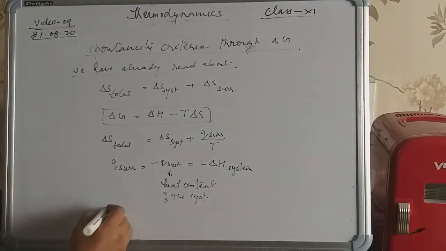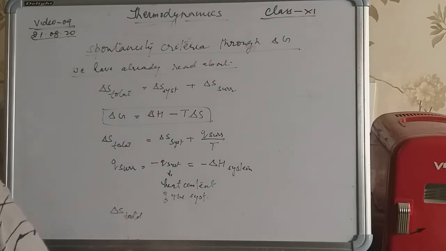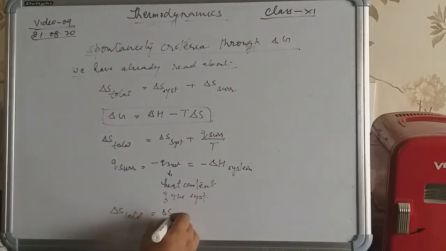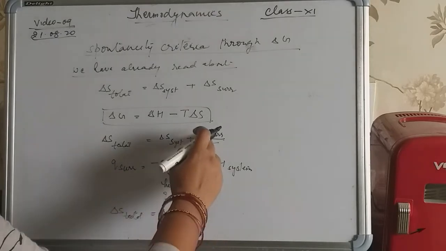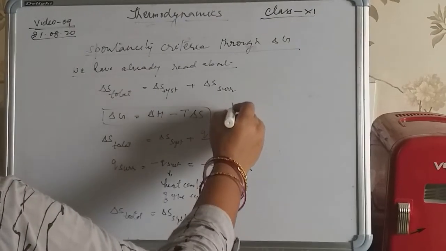So we can write total change in entropy equals change in entropy of the system minus change in enthalpy by T.